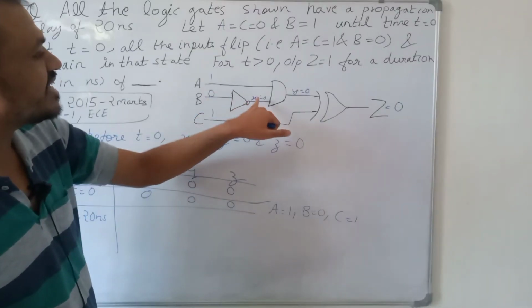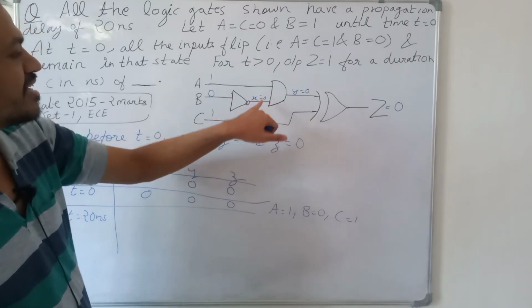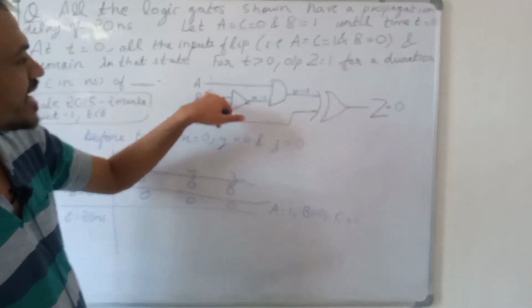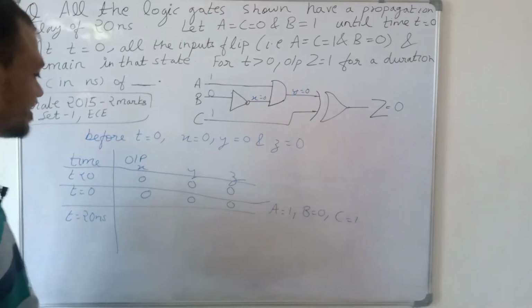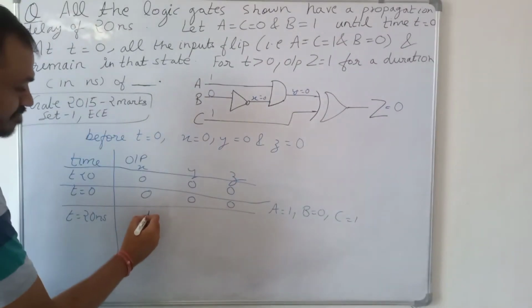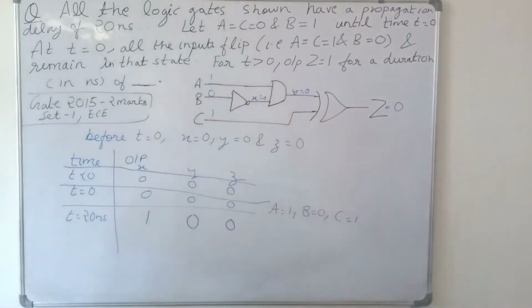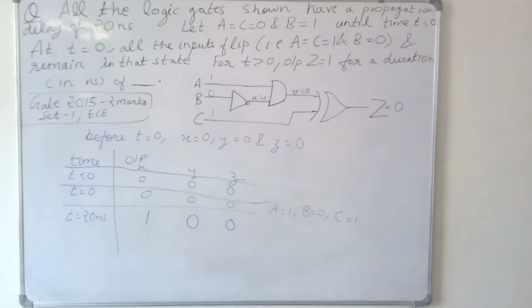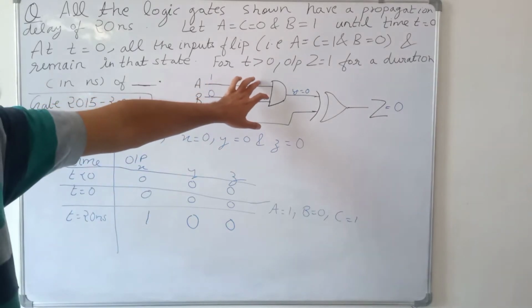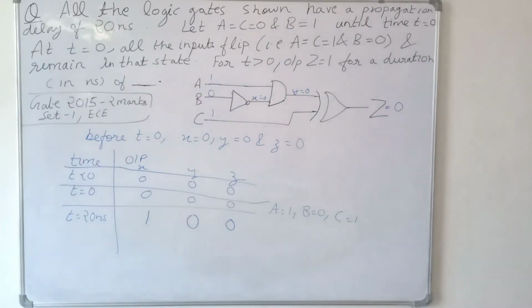So after 20 nanoseconds, X will become 1, because the output of the NOT gate will appear. X will become 1, but Y has not changed, because for Y the inputs were the same.